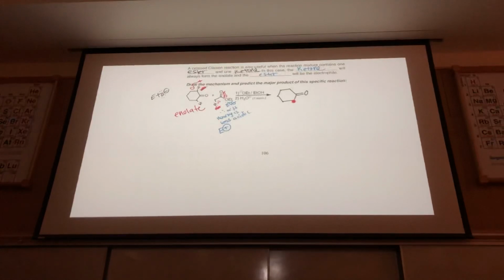So enolate stays intact. I'm going to put a new bond there. New bond. Okay, I opened and closed the carbonyl, so it stays there. I kicked off the OR, so the only thing left is that methyl that was there. There's my 1,3-dicarbonyl. Usually it's drawn a little more upright, like this.